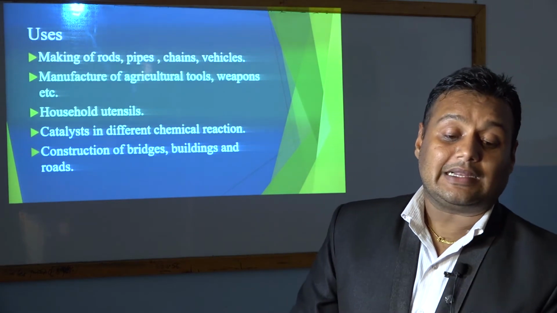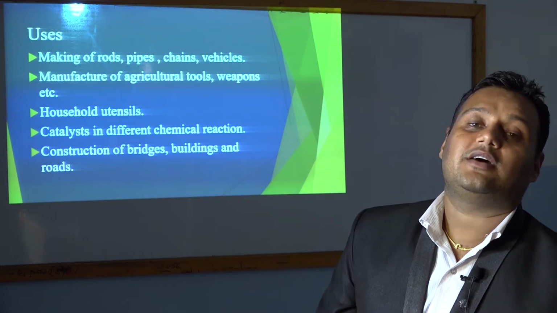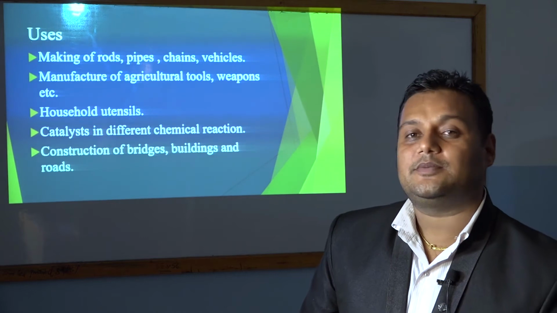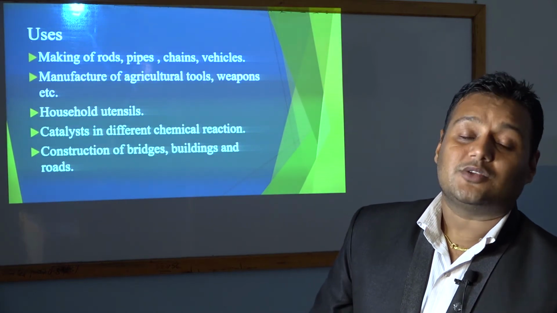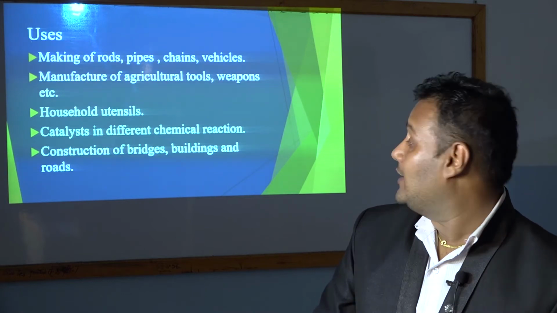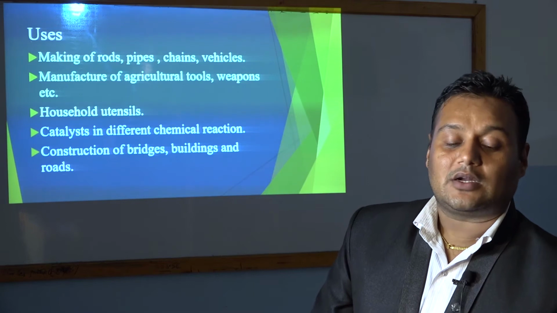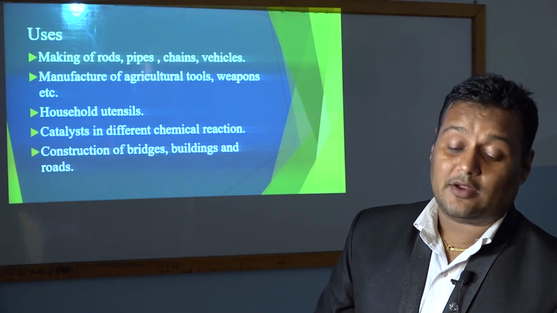And we have read about the uses of iron. Iron is used in a vast area. In different sectors, iron is being used on a daily basis. I have mentioned some important uses and roles of iron. Iron is used in making rods, pipes, chains and automobiles.